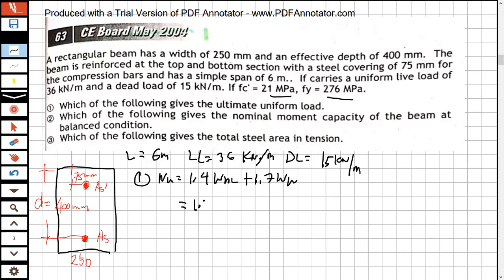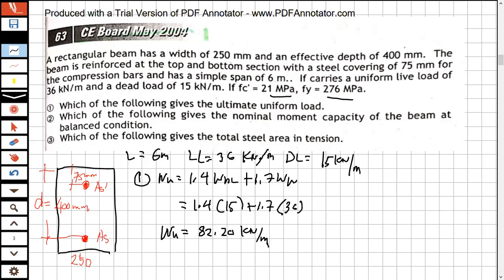So this is equal to 1.4 times dead load, which is 15, and then 1.7 times live load, which is 36. So we can have WU or ultimate load equals to 82.2 kilonewton per meter. Okay, second question.